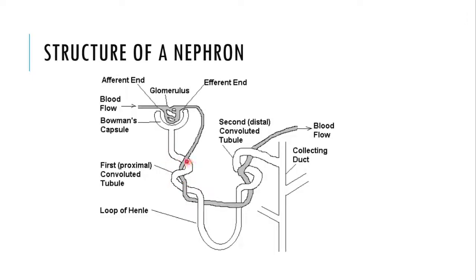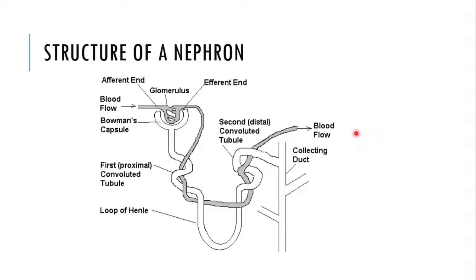Then there's this entanglement which is happening here. This is known as the first, proximal convoluted tubule. And then here we've got the loop of Henle. Then we've got another entanglement which is the second, distal convoluted tubule. And then we've got the collecting duct, and blood is coming out from those ends. So this is what we have, and this is the structure of the nephron.